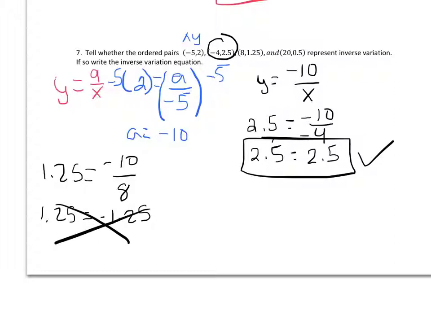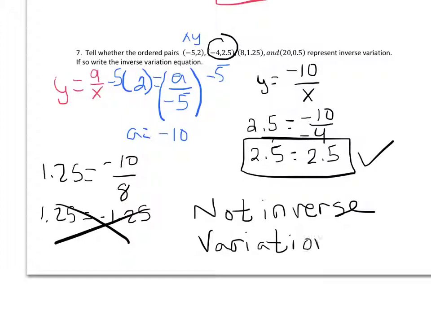No. So this is not inverse variation. Now, if it was, we have the equation, guys. If this was, we have the equation right there. But it's not. So it did not work.